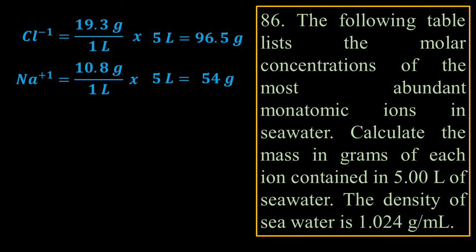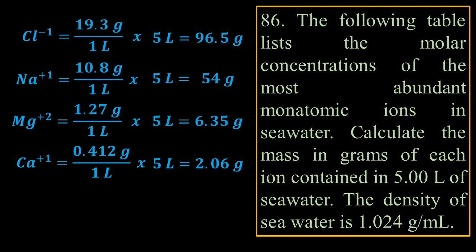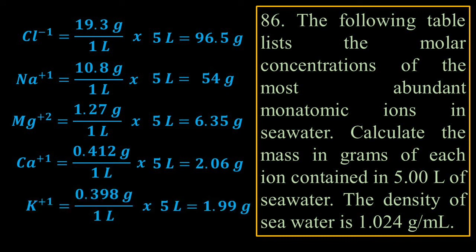Notice I took the value for the moles, the mole equivalent, and the atomic weight, and that's going to be, for instance, the 19, and then multiplied it by 5 liters, and that's the value, 96.5, and the liters will cancel.